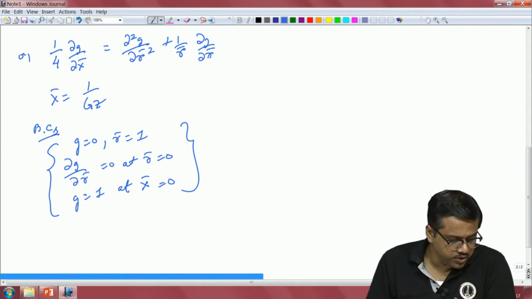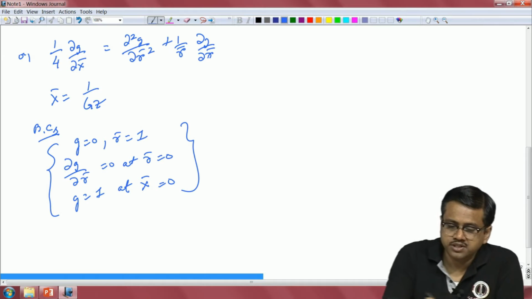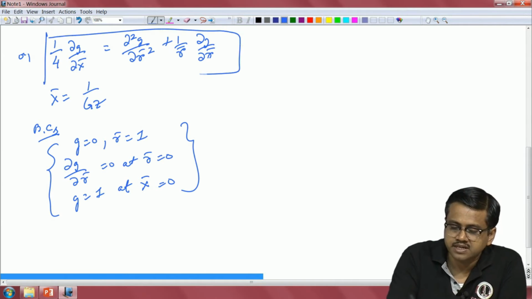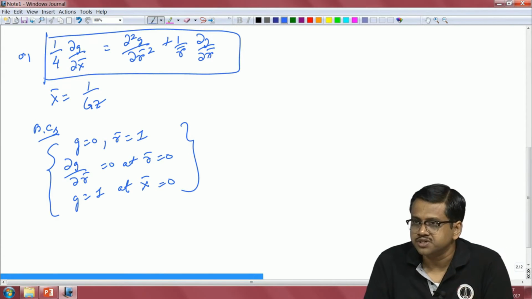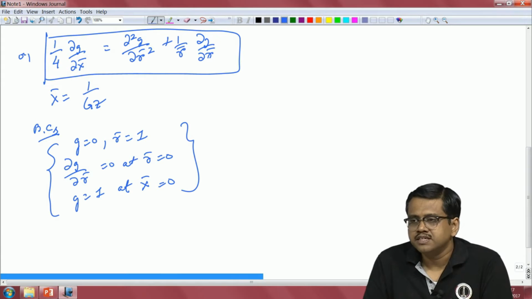Once again, as I told you earlier, this equation represents the unsteady heat conduction equation, where x bar doubles up as the time scale.